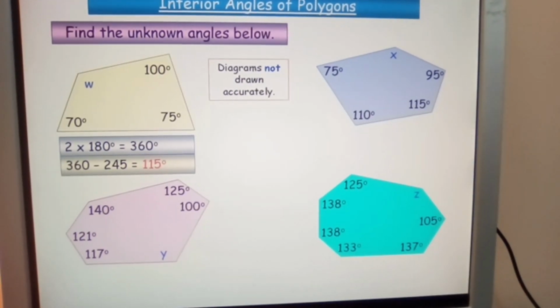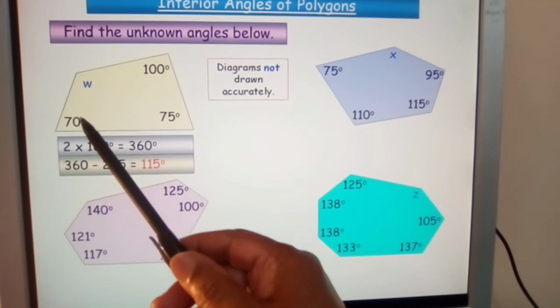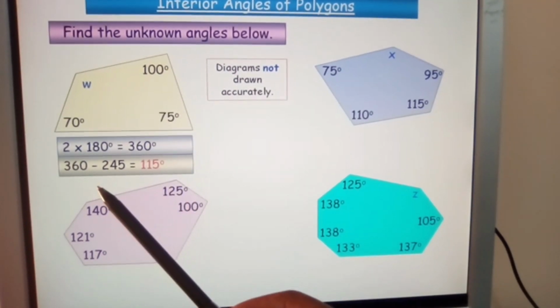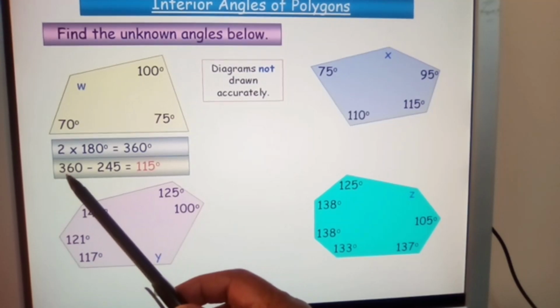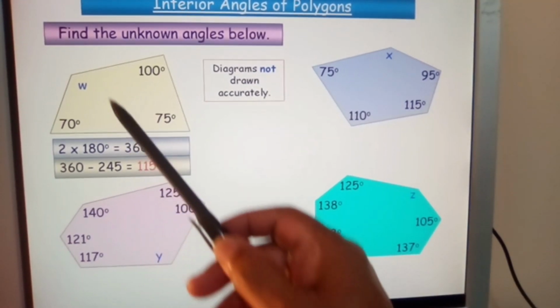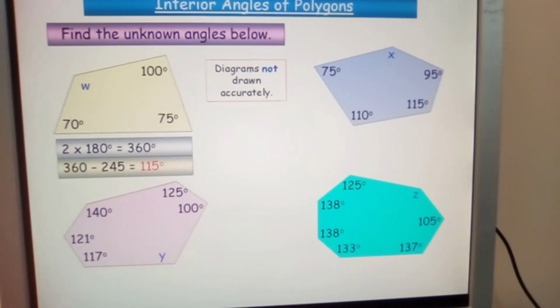We know it adds up to 360. When you add these up together, it gives you 245. So when we take 245 from 360, it leaves us 115. Therefore, W is equal to 115 degrees.